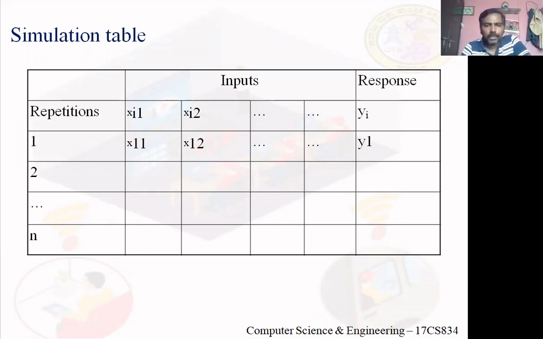Clear? So the inter-arrival time of the second customer, what I said, is 15 minutes. That means he will arrive at 9:45. So arrival time is 9:45.